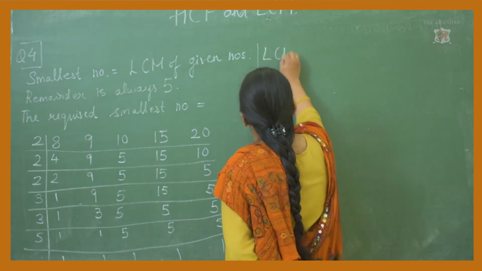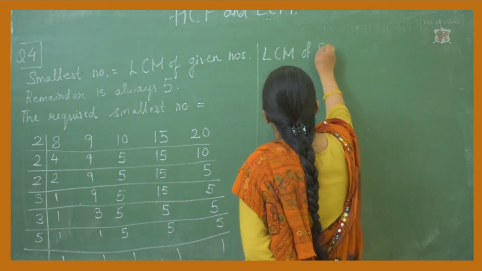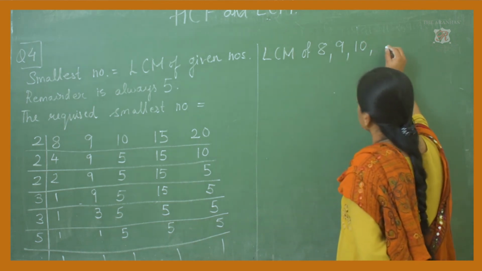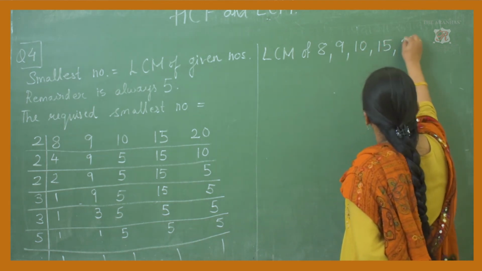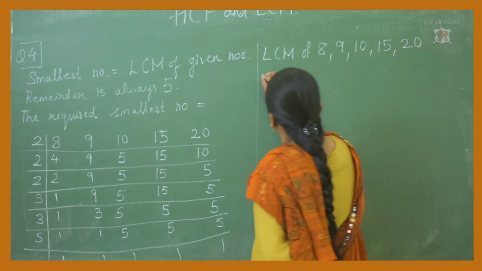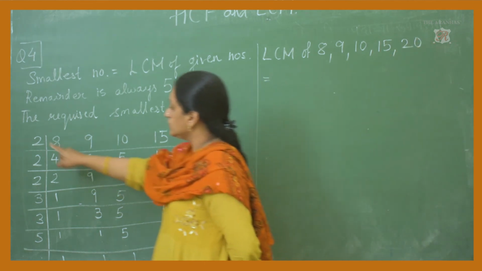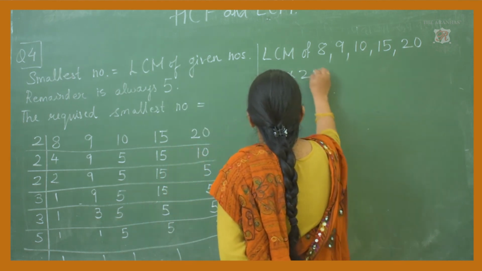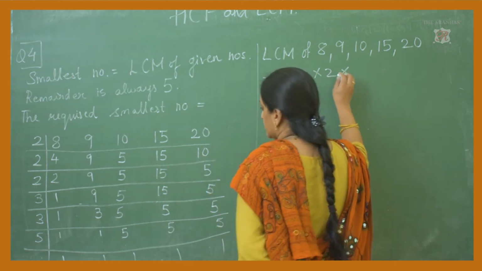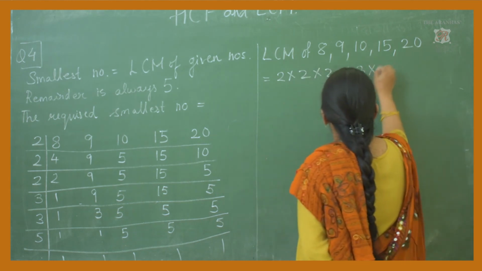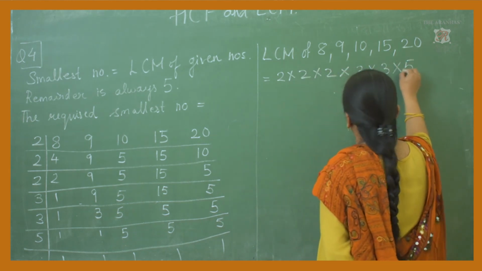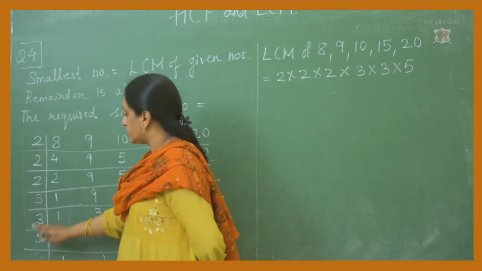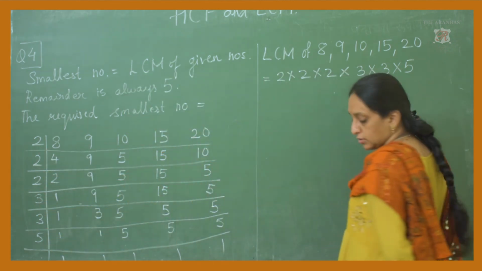What will be the LCM now of 8, 9, 10, 15 and 20? LCM of 8, 9, 10, 15 and 20 equals 2 multiplied by 2 multiplied by 2, that is, multiplication of all the factors we have got in this starting column: 2, 2, 2, 3, 3, 5 in the multiplication form.